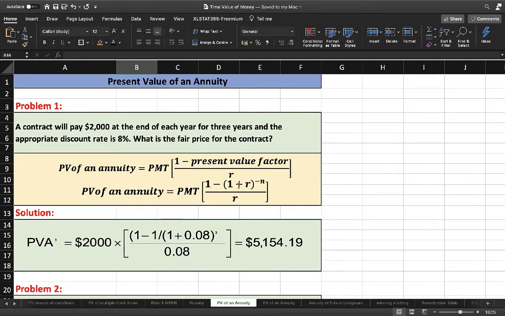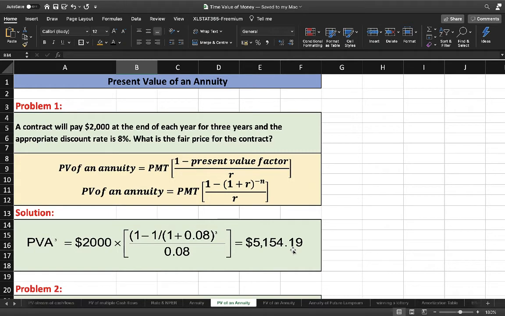Now 1 minus (1 plus R) to the power minus N, or in simple terms, 1 minus 1 upon (1 plus R) to the power N, upon interest rate. Put the values in the formula and it is solved with the help of this formula.